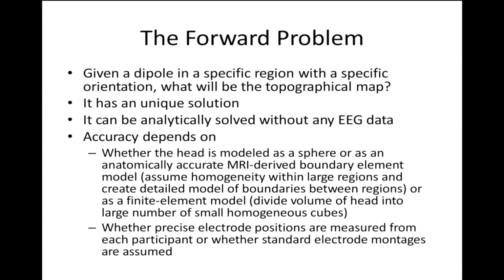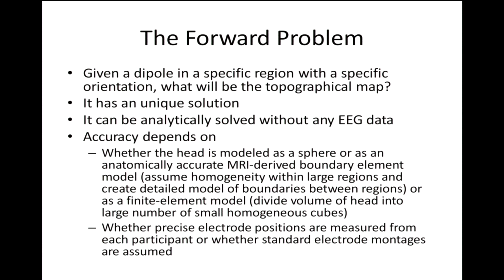You allocate a source, you solve the analytical model, and you fit your brain, using whichever kind of model, depending on whether it's a spherical shell model, which will be more erroneous. You can use a boundary element model, a finite difference model, or a finite element model, and then you solve your problem and get a solution. So, that would be your forward solution.